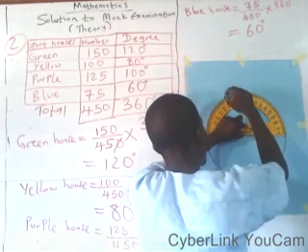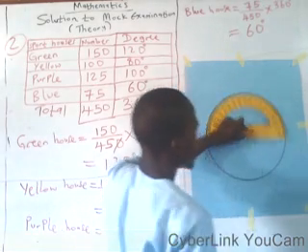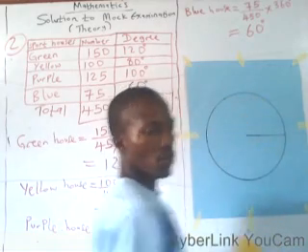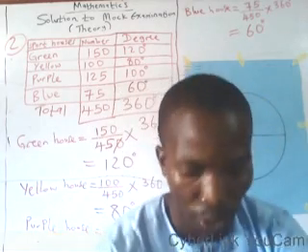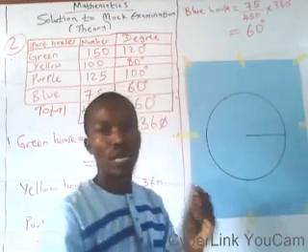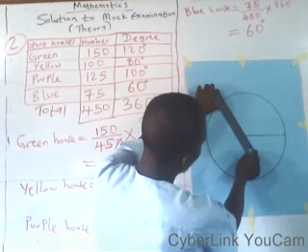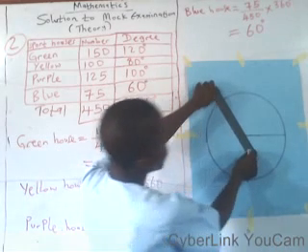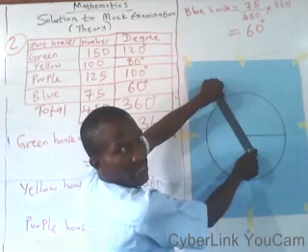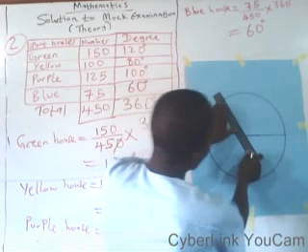Now dot this place where you have your 120. Dot it. When you now dot it finish, drop your protractor and pick up your ruler. Place your ruler on the center point. Align it with the what? The dotted line where you got your 120.